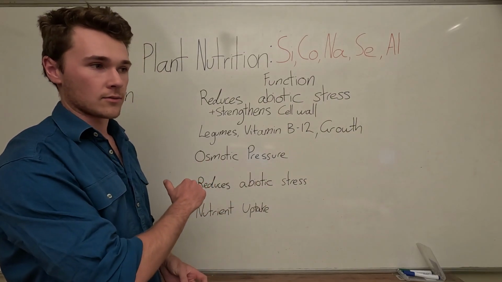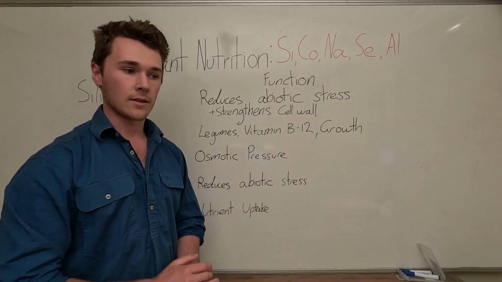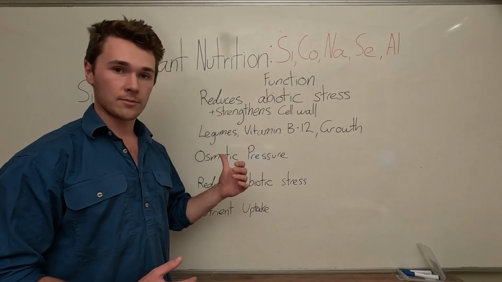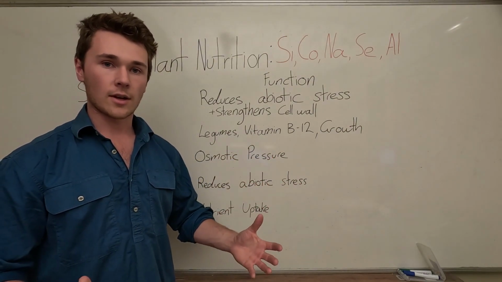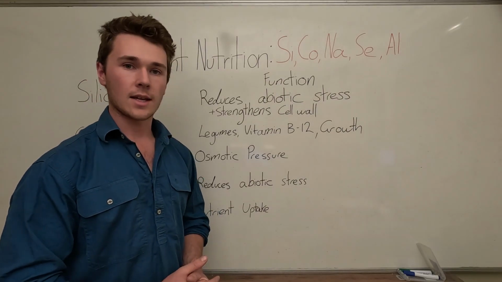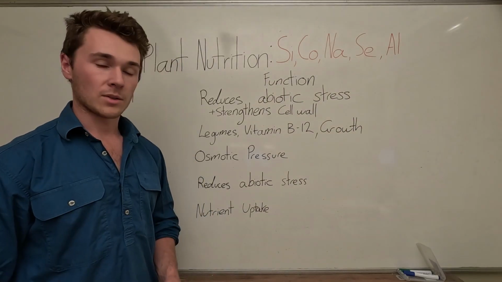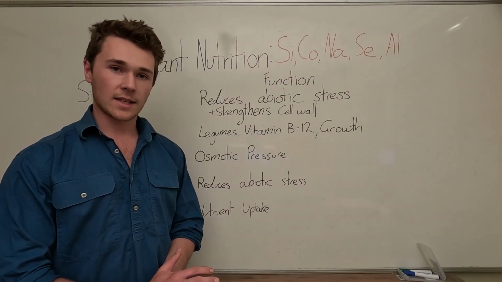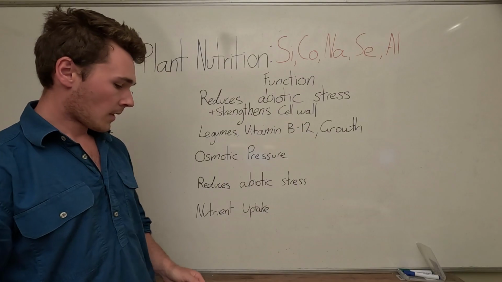Some of the research was saying 50 grams per hectare of pure selenium can really increase our production. There are also a number of plant defense functions that come from selenium as well.